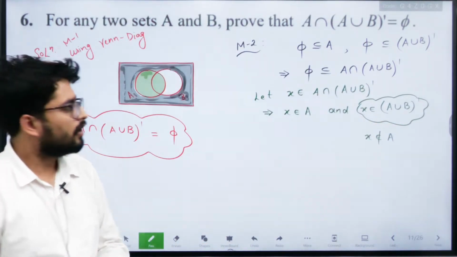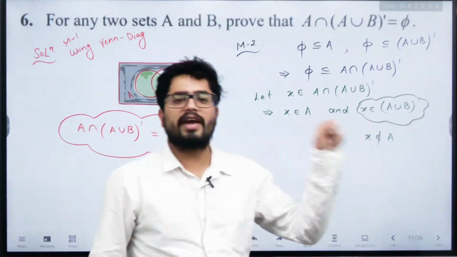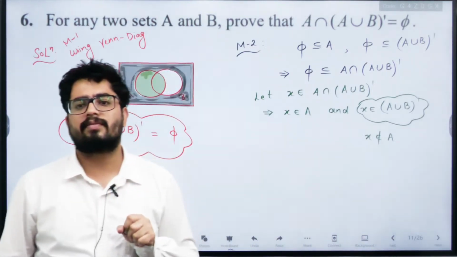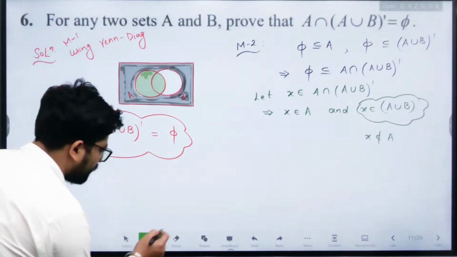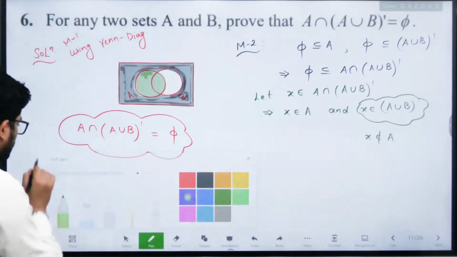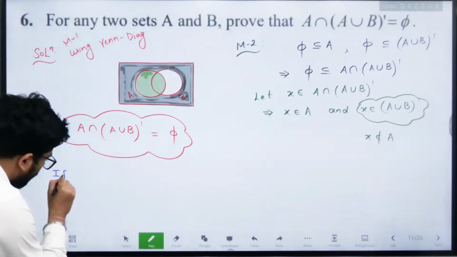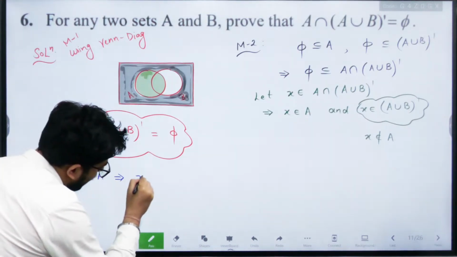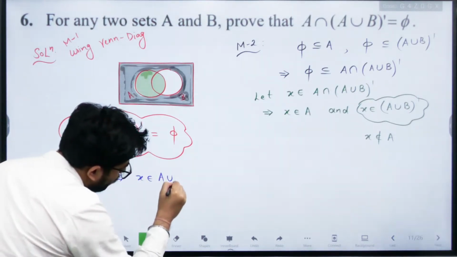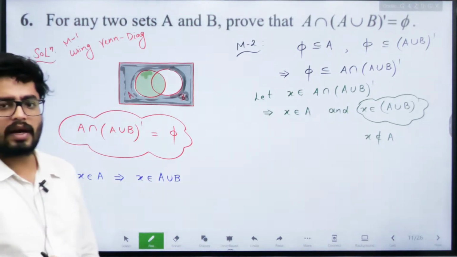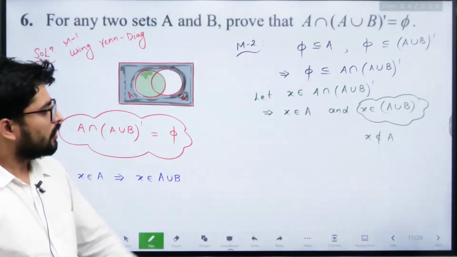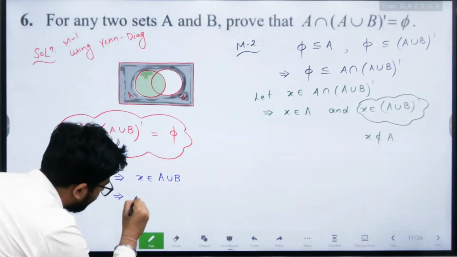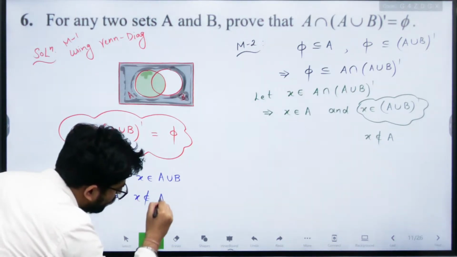Why? Because if x belongs to A, then x also belongs to A union B. So if x belongs to A union B, it means x does not belong to its complement.